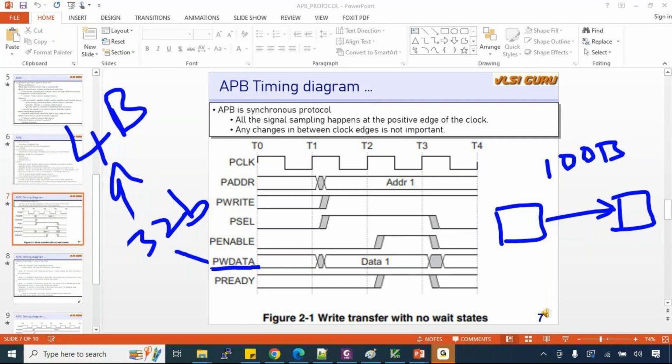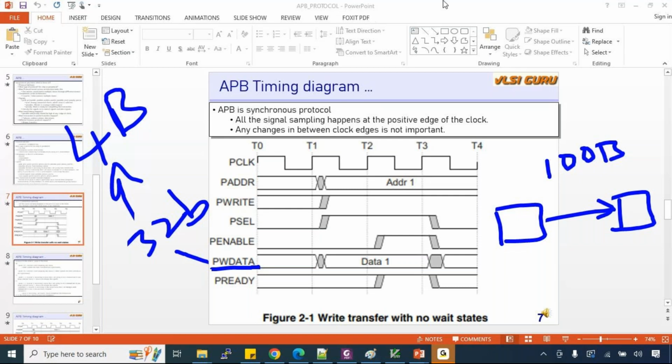Hi Arjun. Can you please tell me how many clock cycles it will take? 50 clock cycles, right?